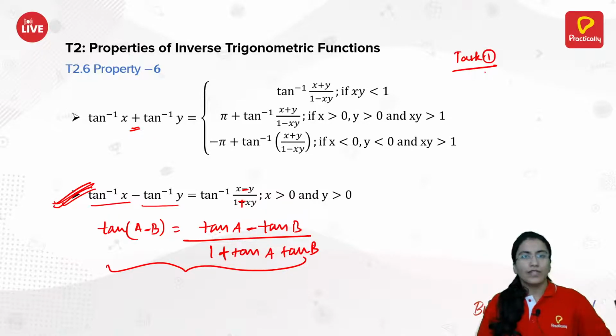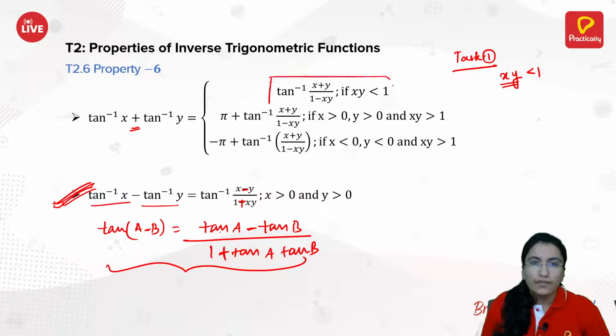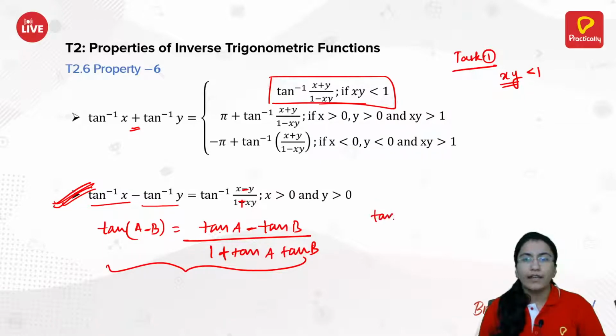Task 1 which you need to do is check for x into y. If x into y is less than 1, directly use this property. And this property is similar to tan of a plus b is equal to tan a plus tan b over 1 minus tan a tan b, right?